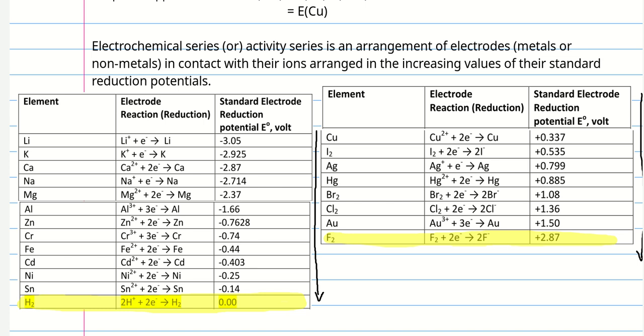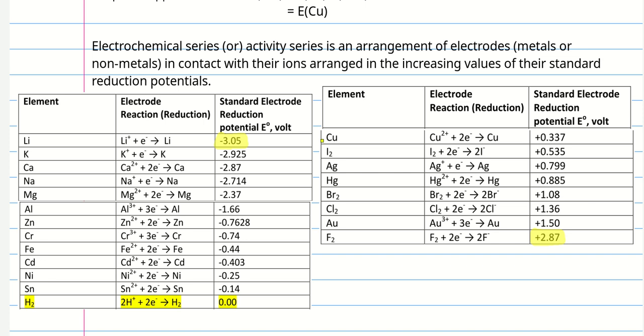And what you observe here is the following. What does a negative value indicate, and what does a positive value indicate? Here lithium is highly negative, whereas fluorine has the highest positive value. What does that convey?